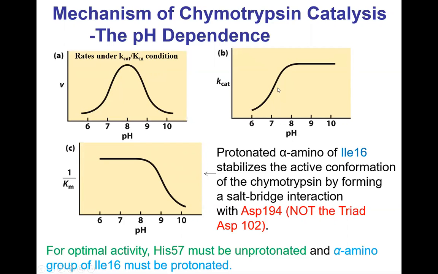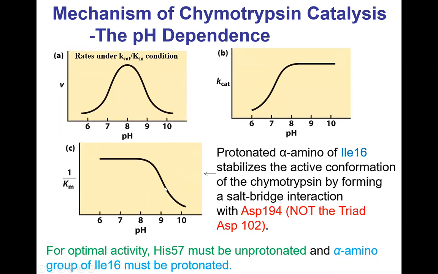That's the titration of histidine 57. So that makes sense. Why? Because if histidine 57 is deprotonated, then it will pick up the proton from serine 195, right? Yeah, so that makes sense. Pretty cool. So that histidine 57 must be unprotonated. That could be the explanation for kcat.